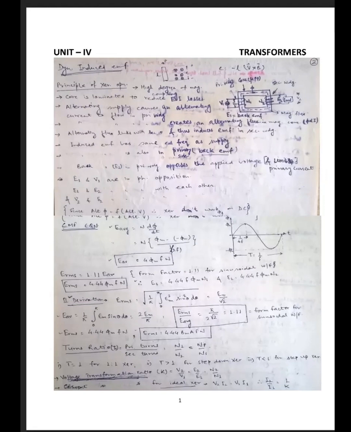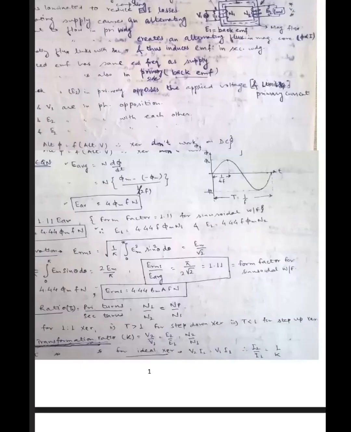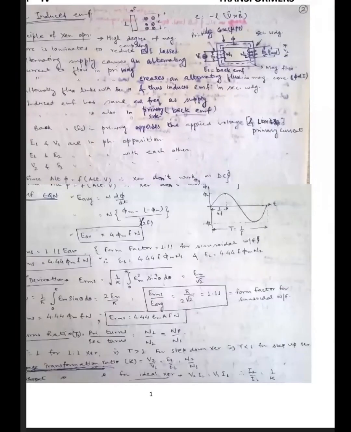So EMF is nothing but minus dφ/dt, but if we take the magnitude, then it becomes N dφ/dt. So this is our sinusoidal flux. If you take the dφ or the change in flux at any 2 points in this curve and divide by the time taken for that change, we will get the EMF. If N is the number of turns, then it becomes N dφ/dt.